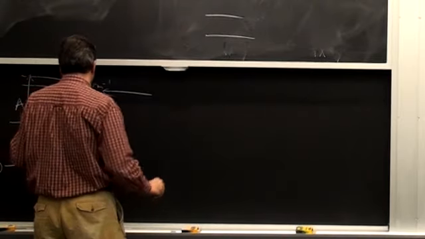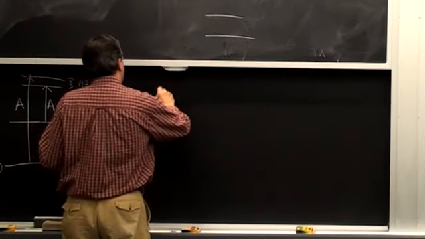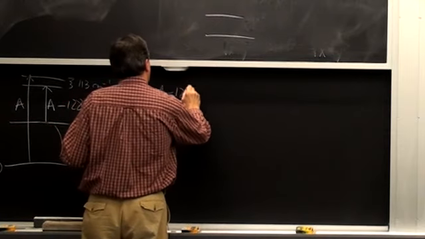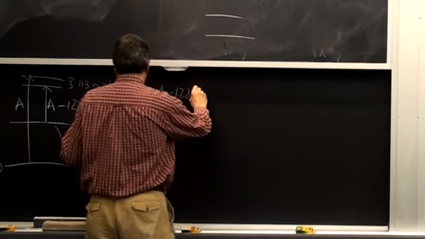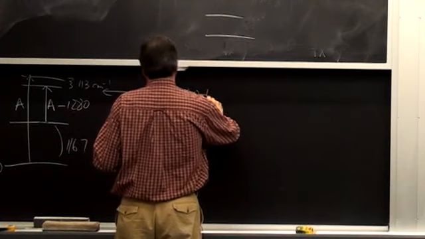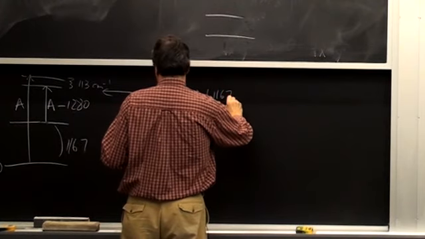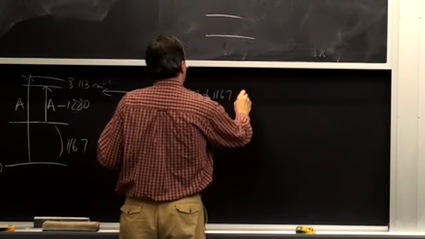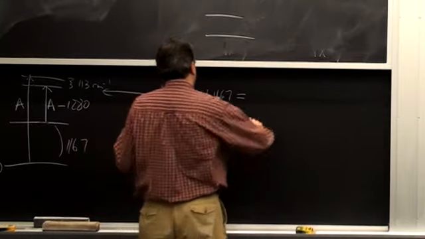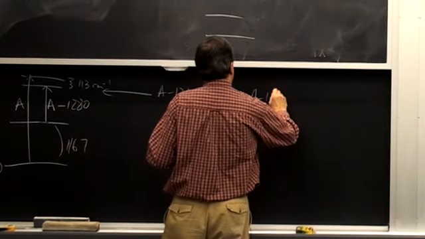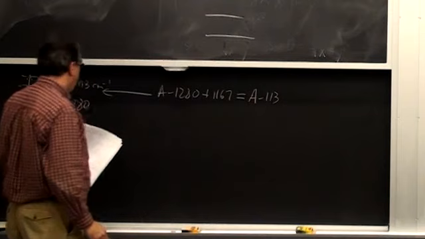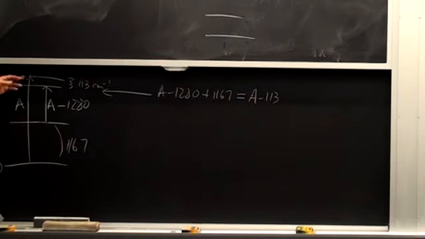there's something a little fishy about this. This level is at A minus 1280 plus 1167, which is equal to A minus 113. Okay, so that's right. So we have A, it's a transition into this level.